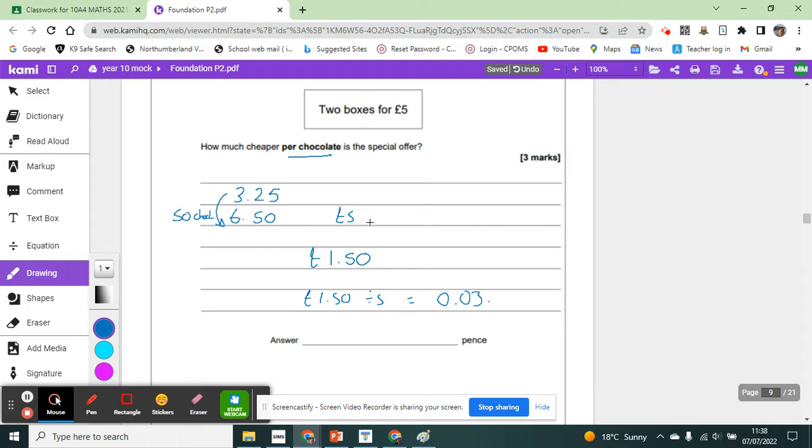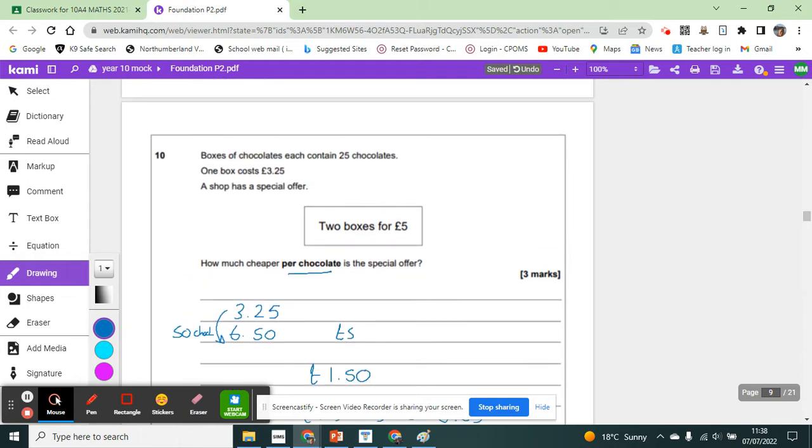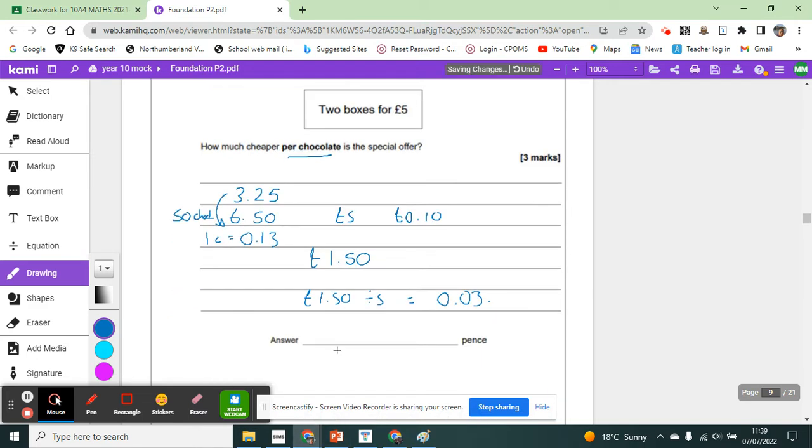Now, we could also just sort of say, well, if we've got £6.50 divided by 50, in this box, one chocolate would be equal to 13p. £5 divided by 50 is 10p. Which means, again, you can see the 3p.